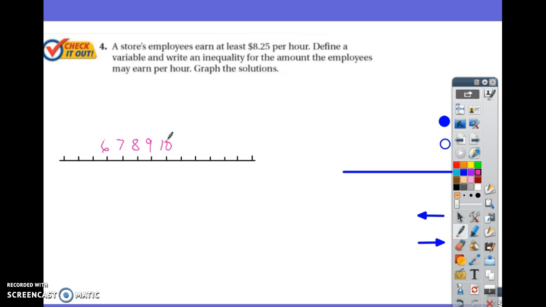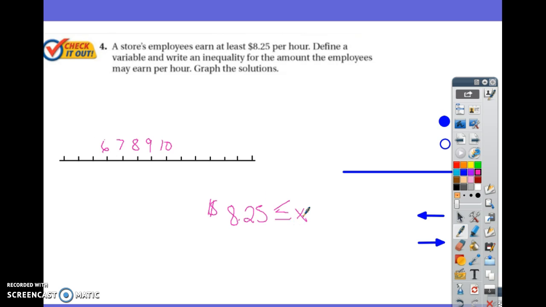So for our inequality, they have to earn at least. That means it's going to be closed because it could be equal to $8.25 an hour. So $8.25 is less than or equal to x.